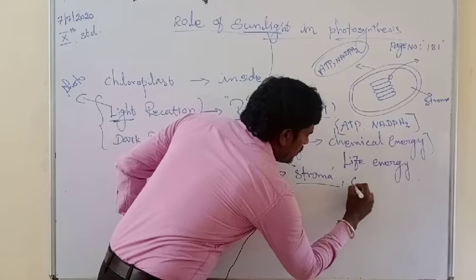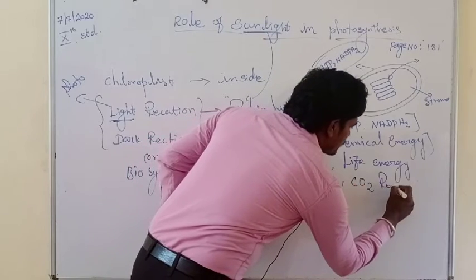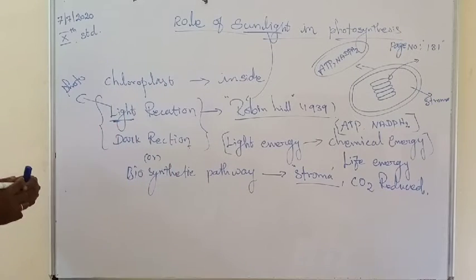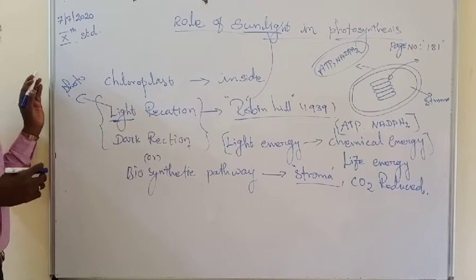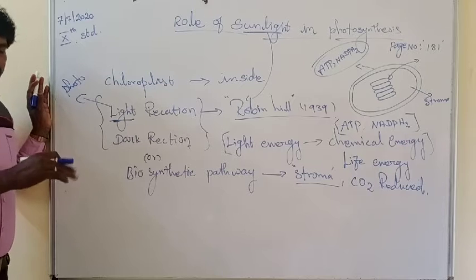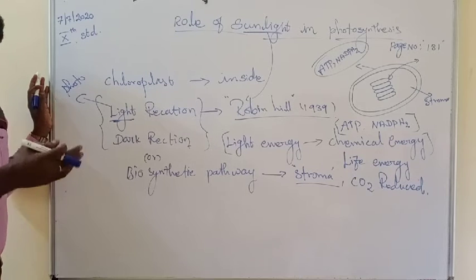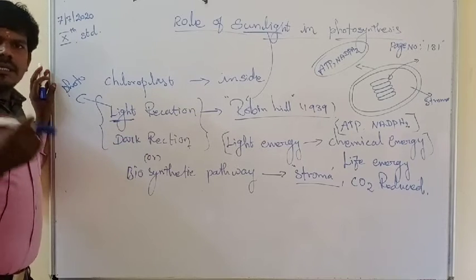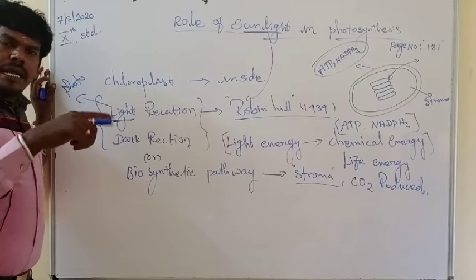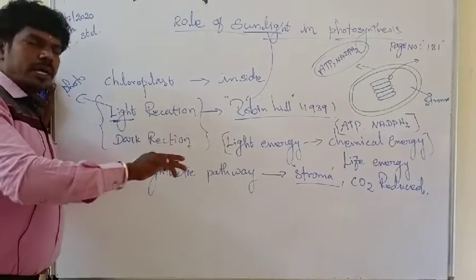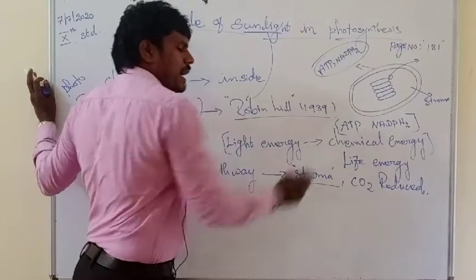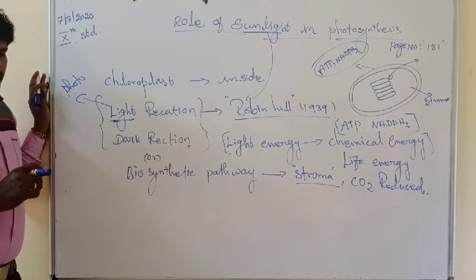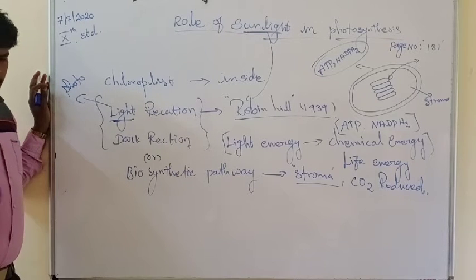Here CO2 is reduced and carbohydrate is formed with the help of the light-dependent product. The carbohydrate is formed with the help of the light-generated ATP and NADPH2.